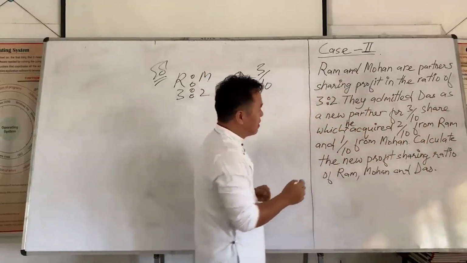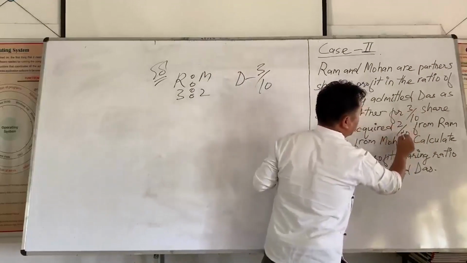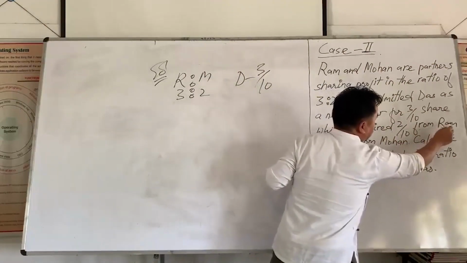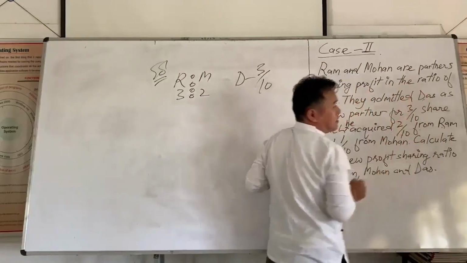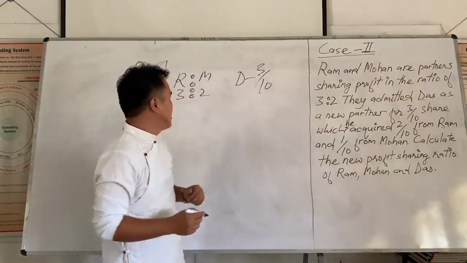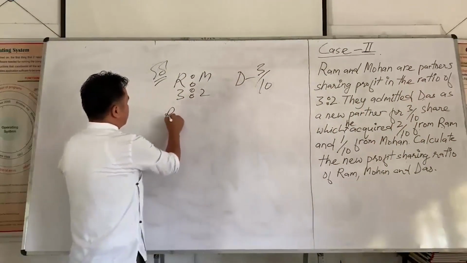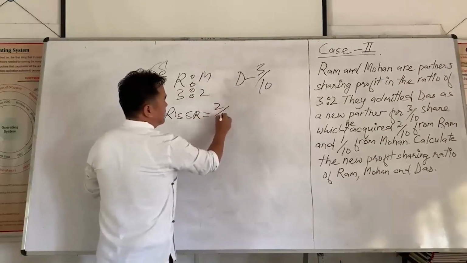I repeat it. If Das gets 2 by 10 from Ram, which means Ram sacrifices 2 by 10 in favor of Das. So here we have got the value of sacrificing ratio of Ram. So Ram's sacrificing ratio is 2 by 10.